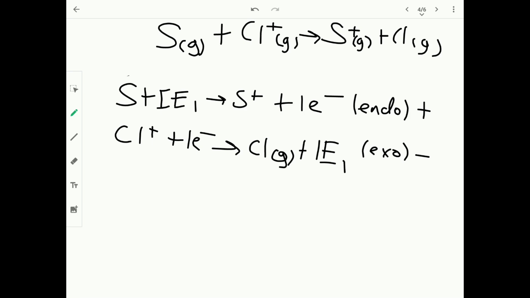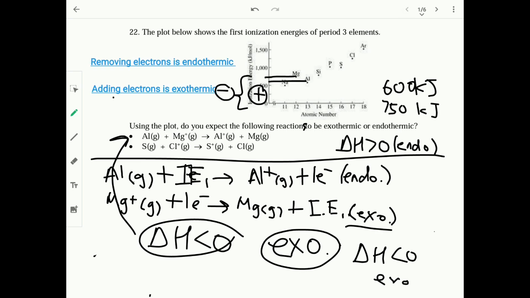Now if we just quickly go back to the graph, we can see that, if I'll just erase this so it's clearer, the S here is positive, because it was absorbing energy, and the Cl, which is higher, is negative, the whole thing.